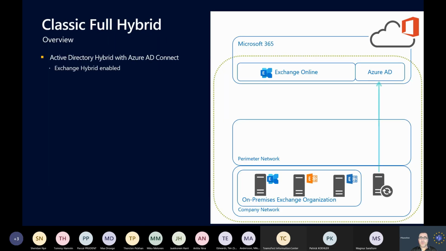So what's the difference between classic and modern? In the very beginning, we do need the Azure AD Connect synchronization from the on-premises environment to the Azure AD to synchronize all the required information of end user information and mailboxes located in the on-premises environment. This is one of the very important steps you have to think about, that you enable the Exchange hybrid option in Azure AD Connect.